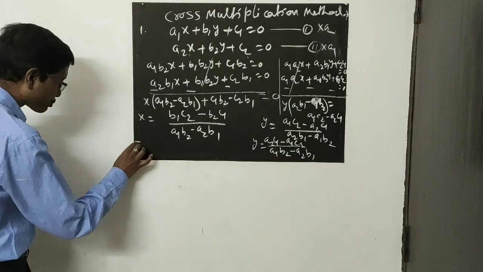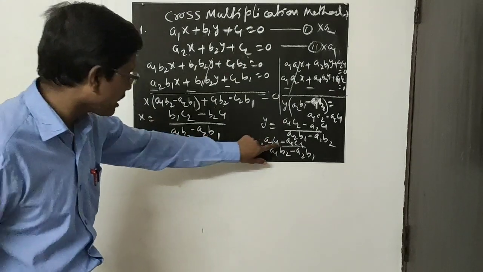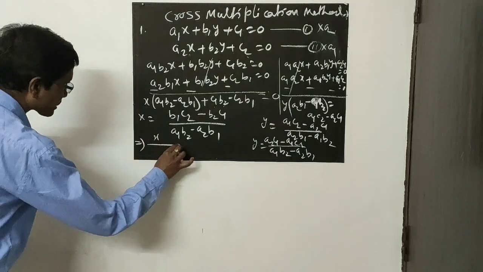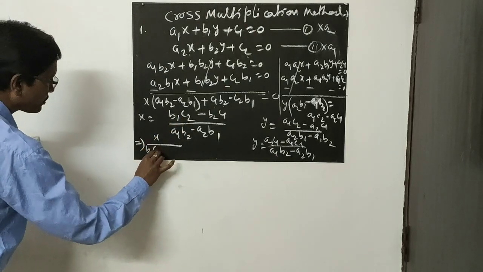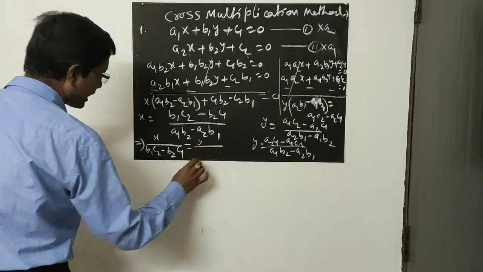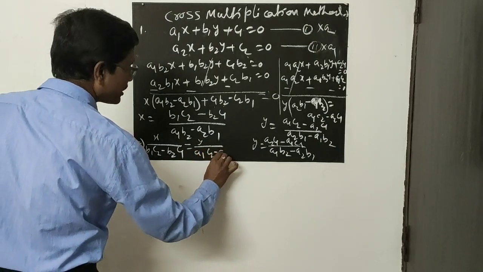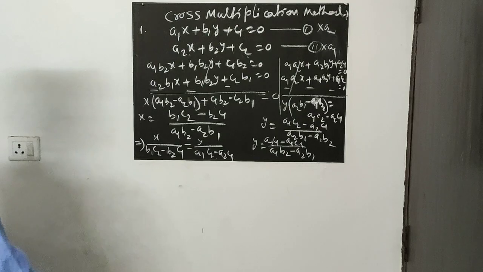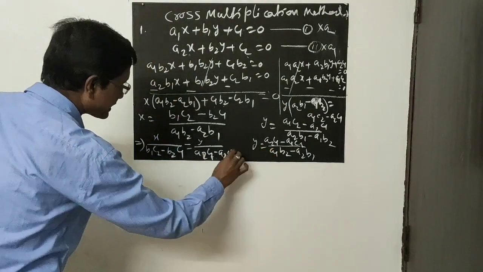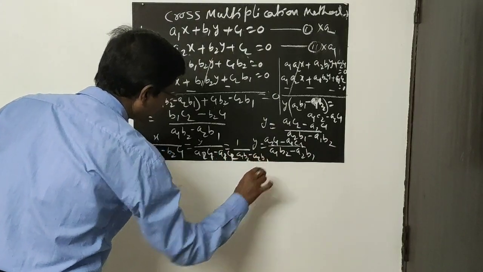That can be written clearly. If x is divided by this, it is 1 by this, and y by this is also 1 by this, both are the same. So you can write x by b1 c2 minus b2 c1 equal to y by a2 c1 minus a1 c2, is equal to 1 by a1 b2 minus a2 b1.